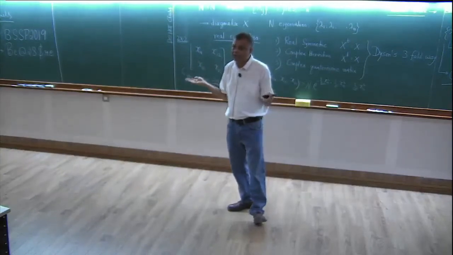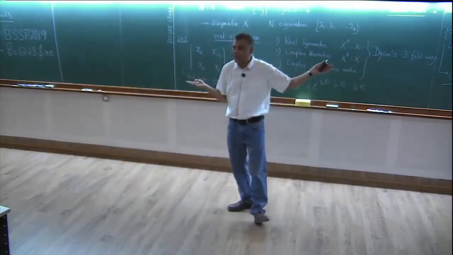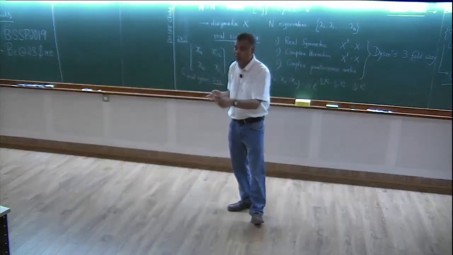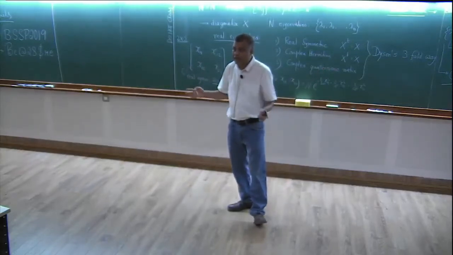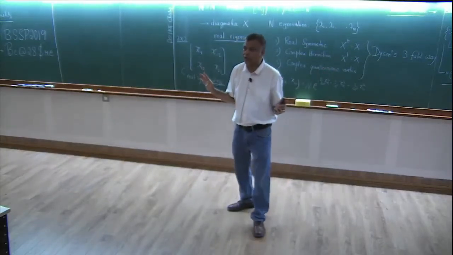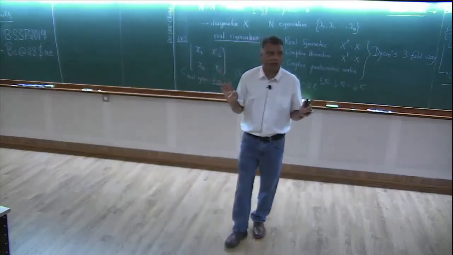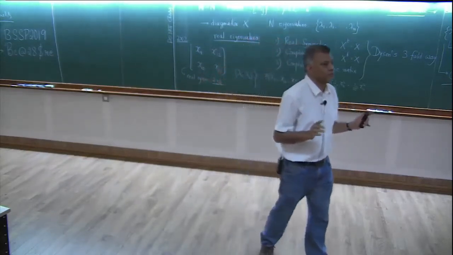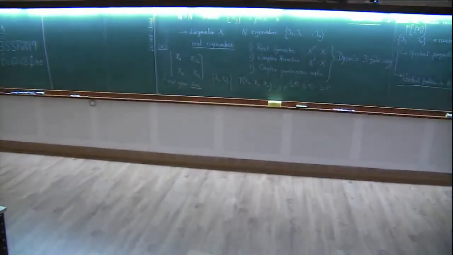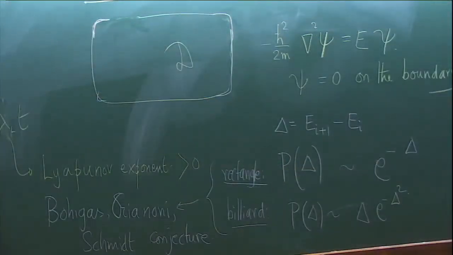So how would I detect quantum chaos? What these guys are telling you is that you have to look at the spectrum. If the spectrum looks like the random matrix spectrum, the system is chaotic. That's the conjecture. There are some measures, but I'm not going into the details of that.